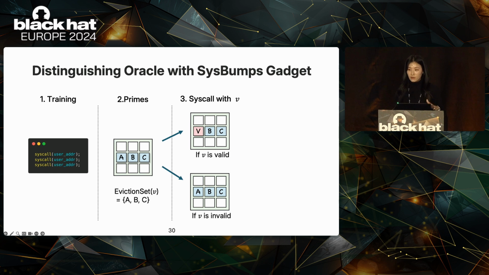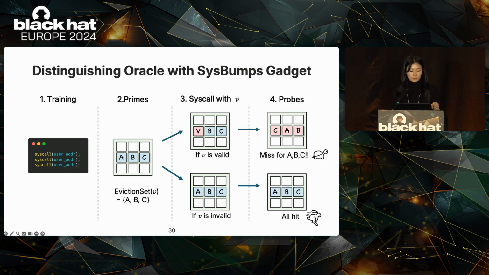Next, we invoke the system call again, but this time with the target kernel address. Due to the training in the first step, the system performs a speculative execution, leading to transient access to the target kernel address. Then the TLB state changes only if the target address is valid, otherwise it stays the same. Finally, we re-access the eviction set and measure its access time.